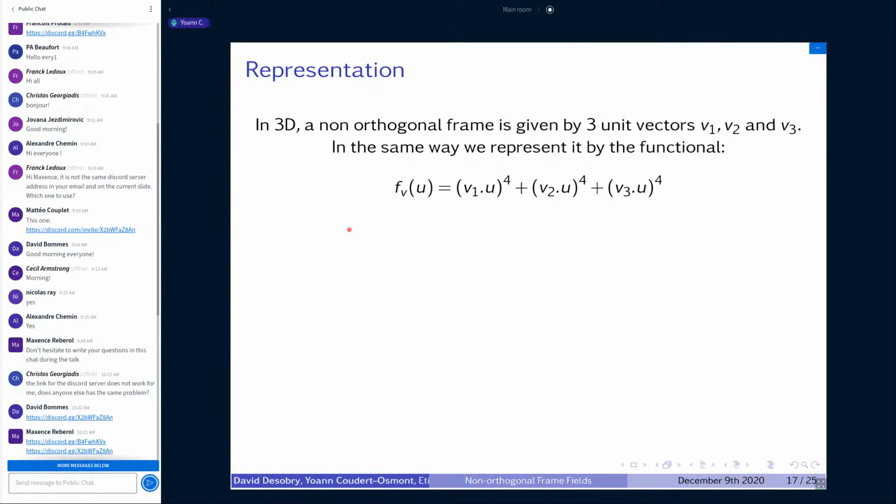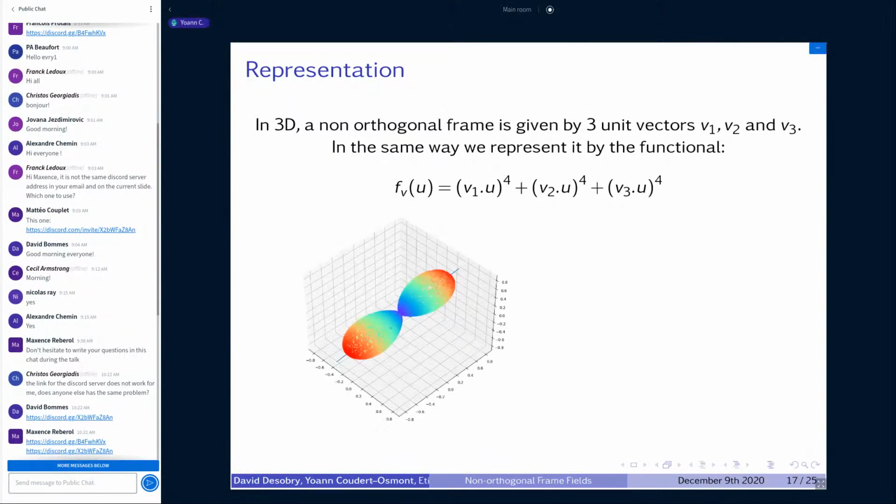Then I can show you a representation of one term of this functional. Here the vector is very thin, but you can see a blue vector here. It represents the vector v1. And then we deform a sphere so that we set the radius of each point u of the sphere to the value u.v1 to the 4.